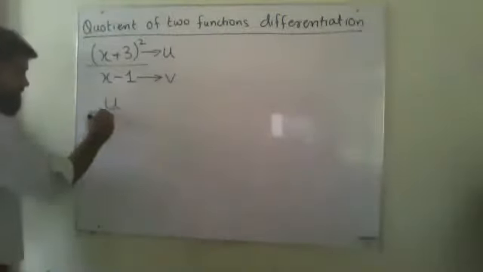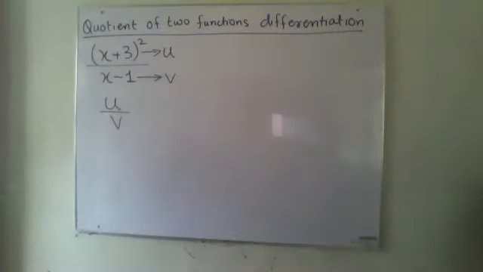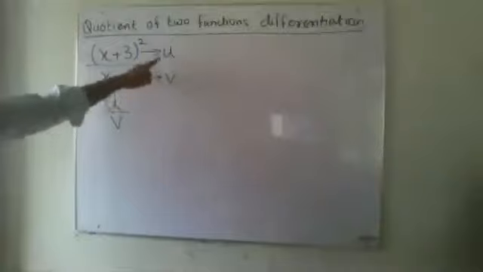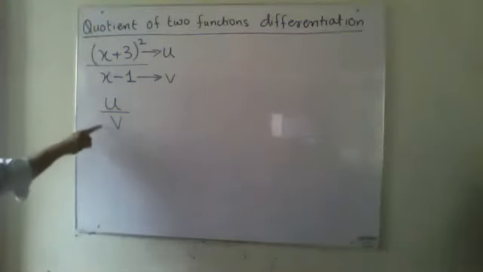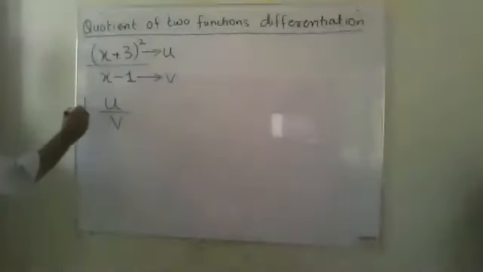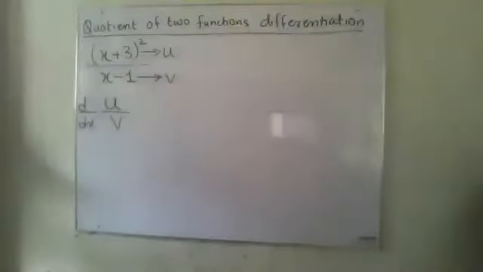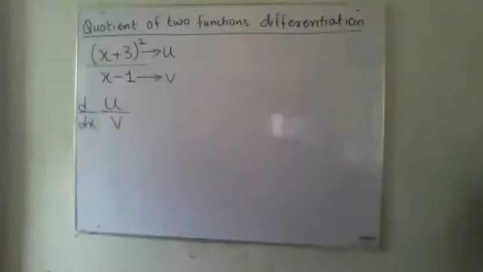When I'm saying that u and v are there, basically it is written like this, and I have to differentiate u upon v.